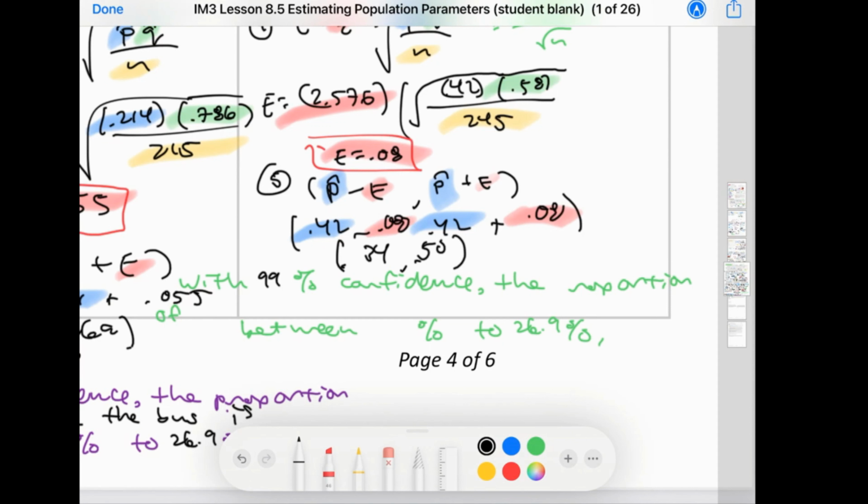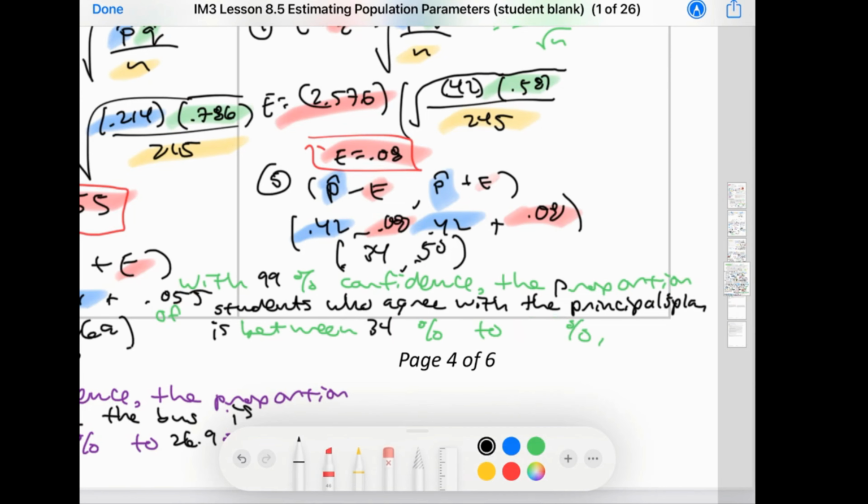With 99% confidence, the proportion of students who agree with the principal's plan is between 34% and 50%.